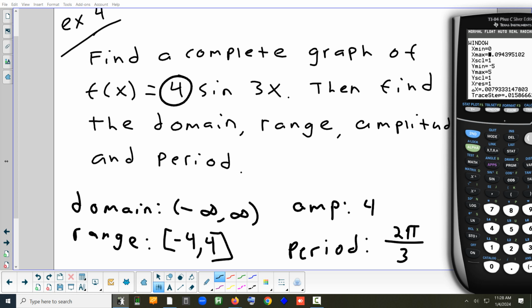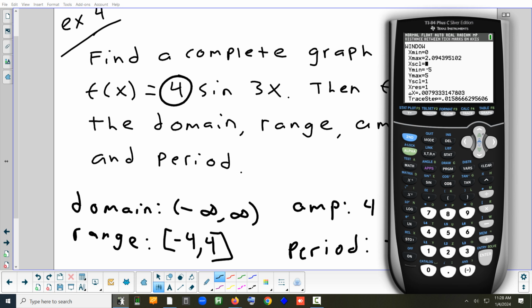One cycle is 2 pi over 3, so let's set it to 4 pi over 3. By setting the window twice as big, you should see twice as many cycles. So there's one cycle, and there's exactly 2. Perfect.